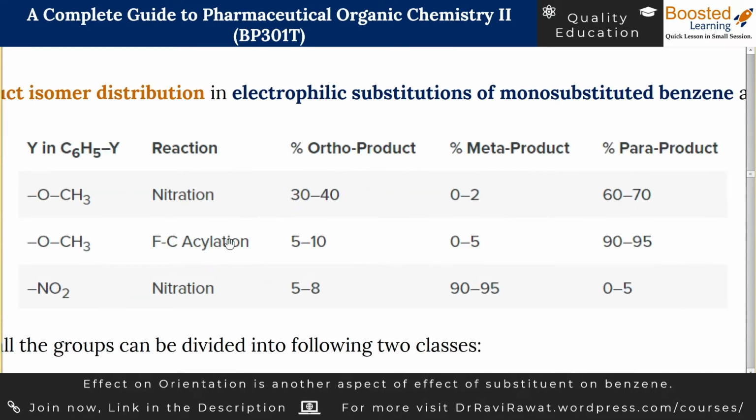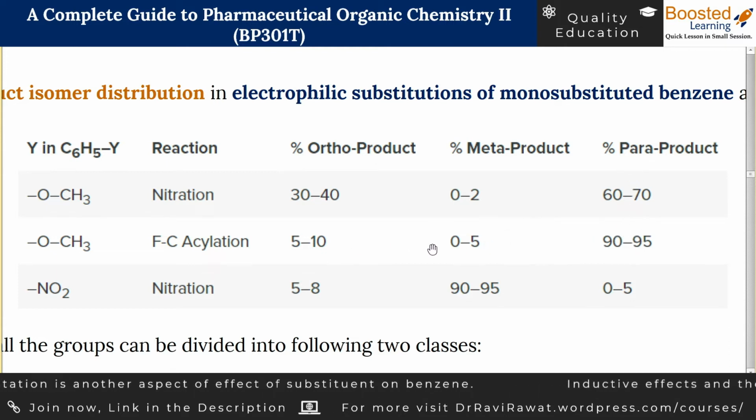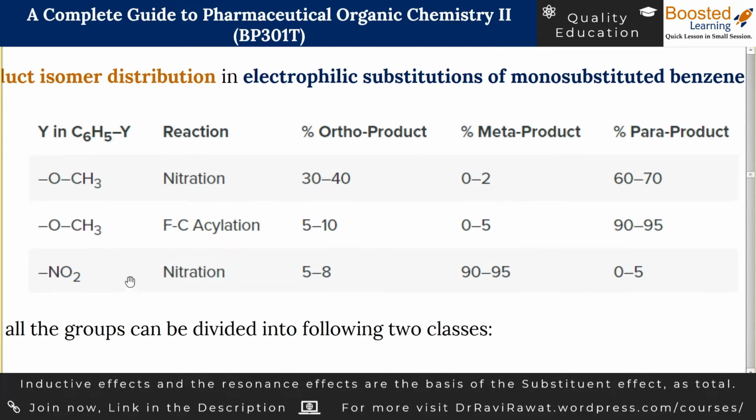Then there is a trend in which 95% of product was para product and ortho and meta was next to nothing. So only para product, and a small amount of ortho product in this case. And there is third case where the nitrobenzene is there and we are trying to do nitration, and meta product was obtained in 95% yield, a very exclusive product, and there was almost nothing of ortho and para.